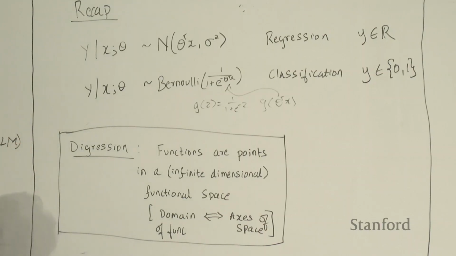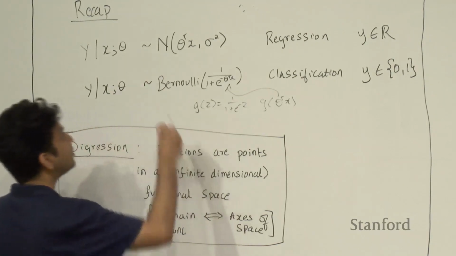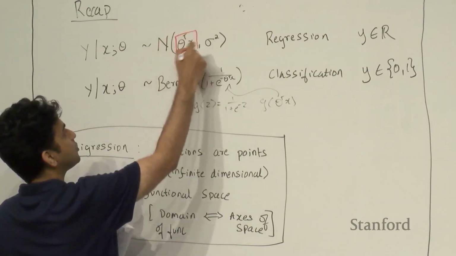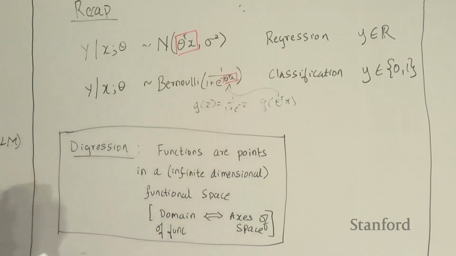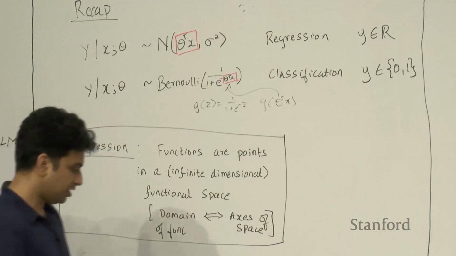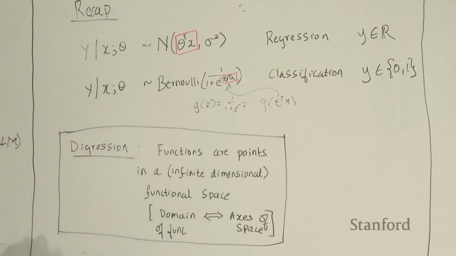The other thing that we see in both of these is the occurrence of theta transpose x. We have a theta transpose x here, and we have a theta transpose x here. These seem to be somewhat superficial similarities, but what we'll see today is that there's actually a much deeper and richer theory that unifies these two and a lot more different kinds of models under a common umbrella.